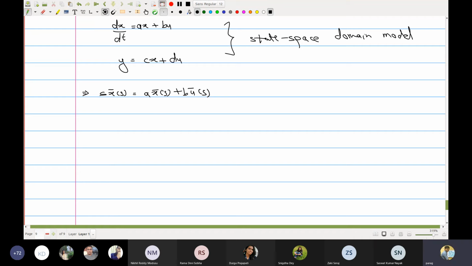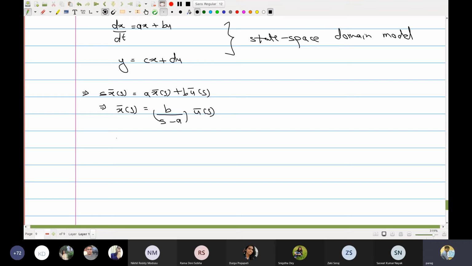From here itself, x bar of s equals, what will it become? b upon s minus a times u bar of s, right? This is what you get from the first expression.